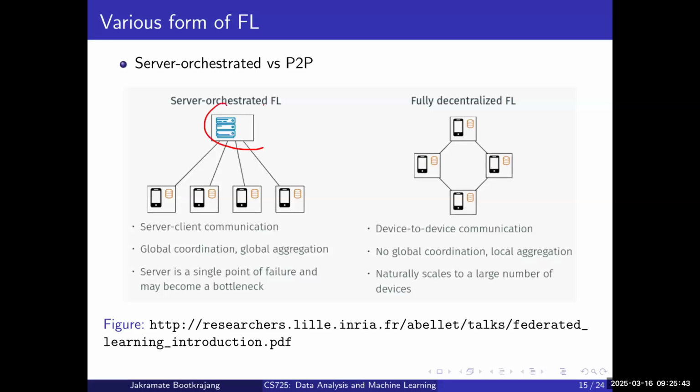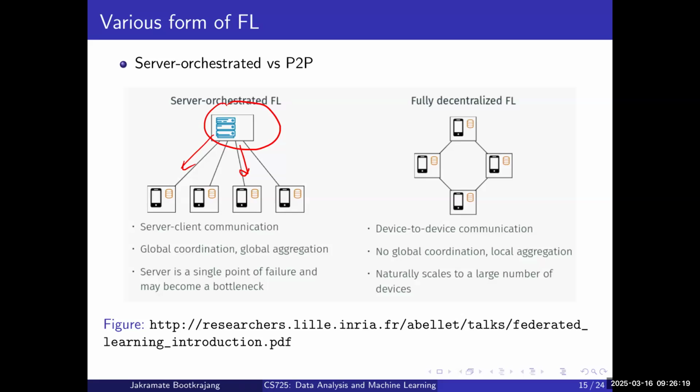So the server will tell which device would need to be trained, and after it tells the device to be trained, it extracts the weight from that device, and then they try to combine the weight from multiple devices, and then they just tell the client in the new iteration to retrain. So in this sense, you would need the central server to be able to control the client, right?